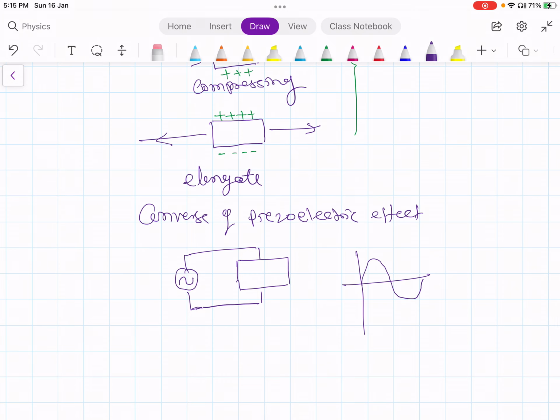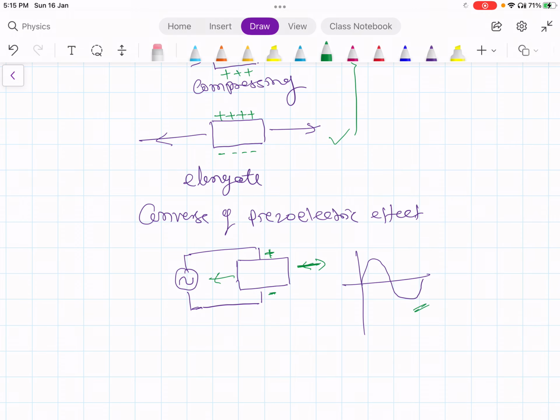Now during the first half cycle, this surface gets a positive charge, this gets negative. So these two surfaces elongate as per this effect. When this is positive and this is negative, that mechanical elongation takes place.